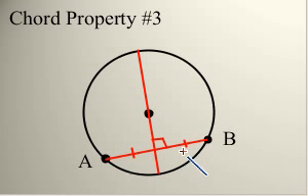So it bisects the line. So you see that those three chord properties all have some similar qualities to them. Center of the circle, perpendicular, and bisecting the chord. And this refers to any chord you can draw on the circle.